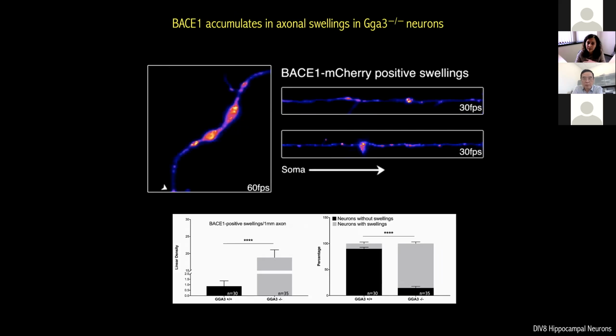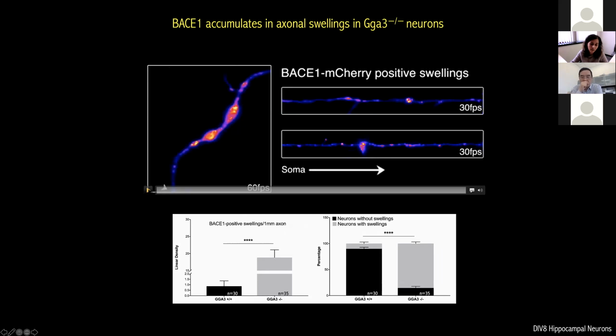Looking closer at this axon expressing base and cherry, where base and cherry was basically not moving, you will see that base and cherry is stuck there and starts accumulating in this swollen area along the axon that clearly resembles the dystrophic neurites that have been found in many neurodegenerative pathologies, like Alzheimer's disease.